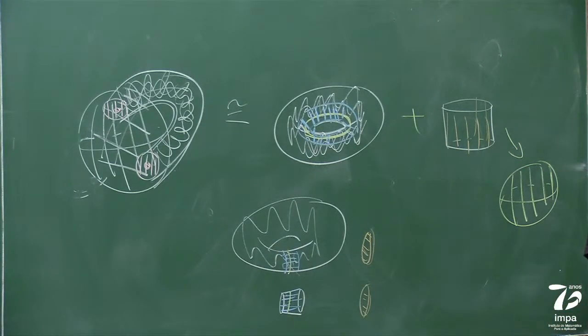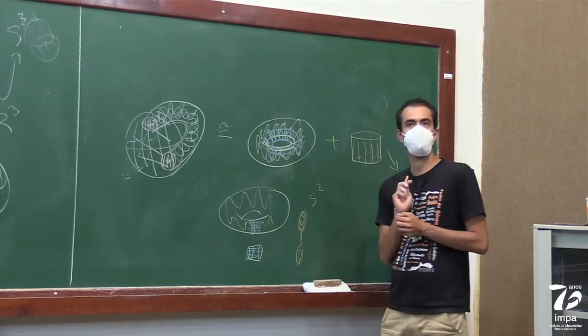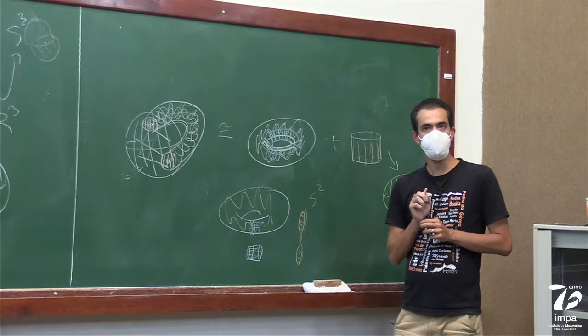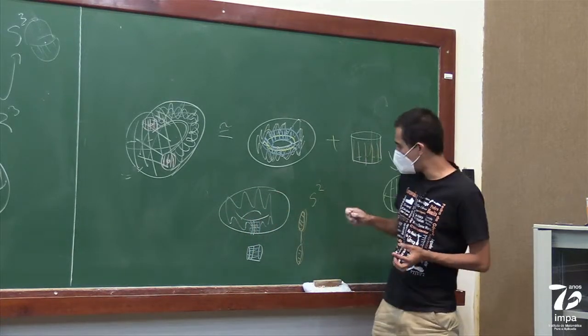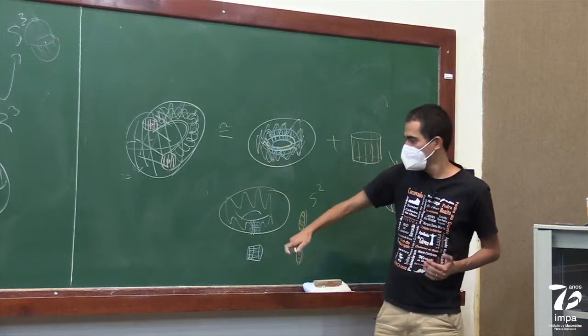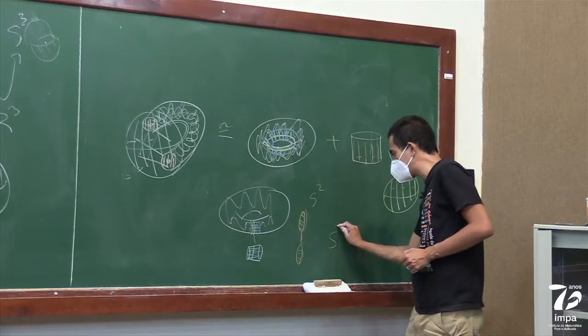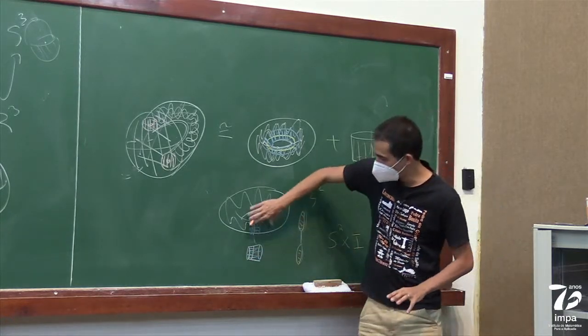That's a two-sphere. When I glue this guy to this guy along the boundary, I get an S2. So on this little interval where I glue these two things, I get an S2 for each slice. So over here, I get an S2 times an interval, where I glue this thing.